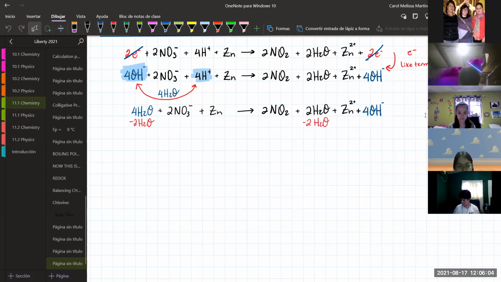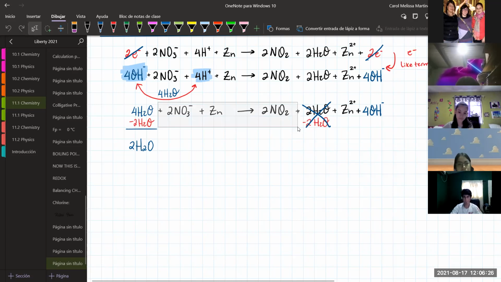Esta agua se va a eliminar y aquí me va a quedar 4 minus 2, nos va a quedar 2H2O. Y lo demás simplemente lo bajo.